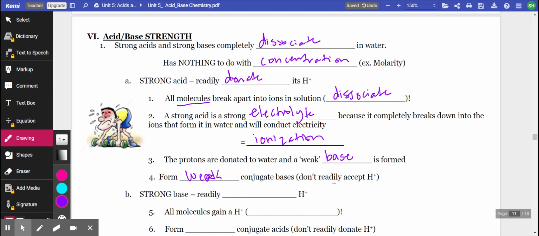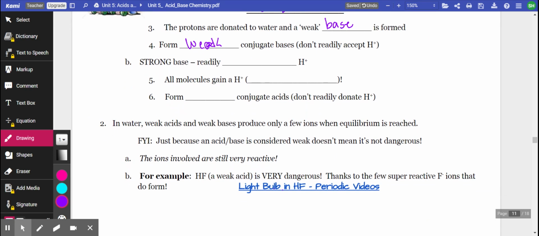So strong bases work the same way, but this time we're talking about how they will readily gain protons. So these readily accept protons. With a strong base, all of the molecules are going to gain a proton.